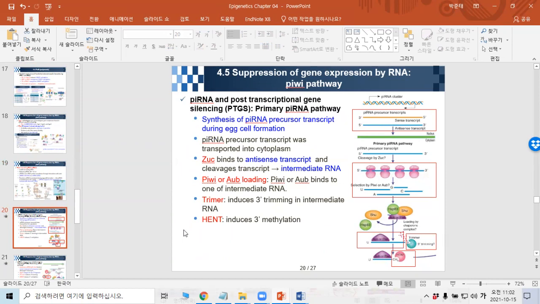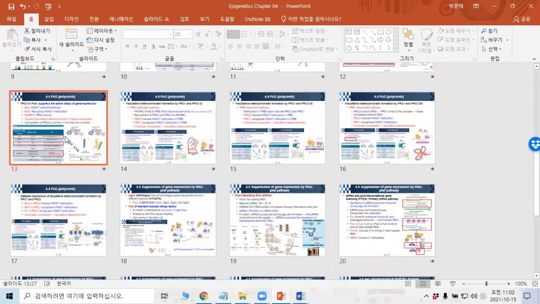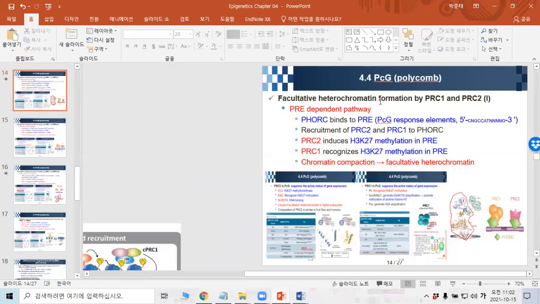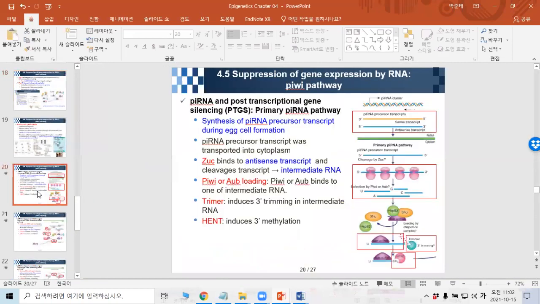In chapter 3, we covered RNAi-dependent heterochromatin formation. How about chapter 5? We learned about facultative heterochromatin formation by PRC1 and PRC2. Now we also have this one: piRNA and PTGS, post-transcriptional gene silencing.